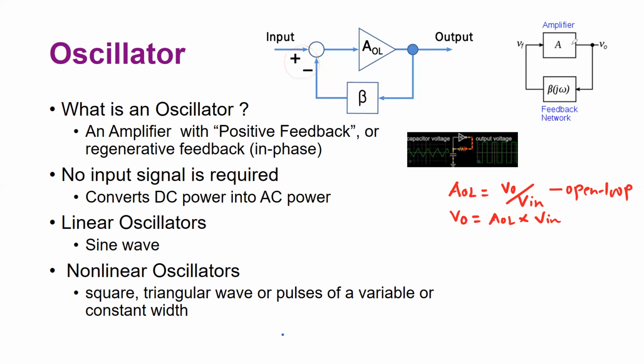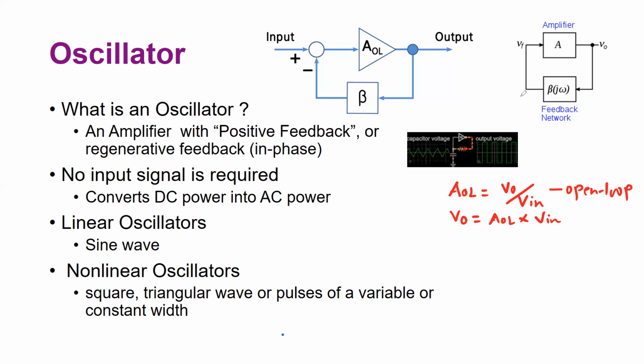But if the feedback becomes positive, you can make the circuit oscillate. When you use the system or circuit as an amplifier, you don't want it to oscillate. But when you want the circuit to be used as an oscillator, then you design a feedback in such a way that you satisfy this condition: there is a positive feedback.